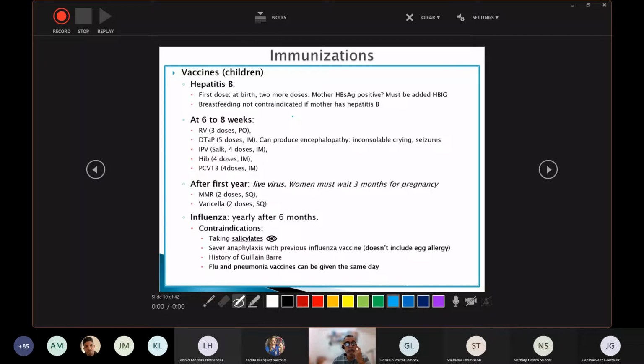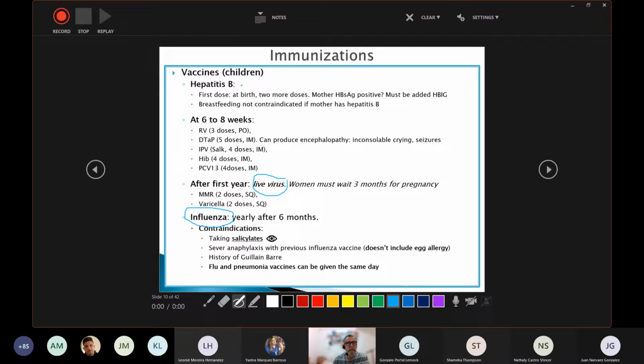Regarding vaccination, the most common questions are related to the live virus vaccines and the influenza vaccine. Those are the high topics. The first vaccine our children receive is hepatitis B. It is given intramuscular, in the vastus lateralis, has 3 doses in total, and is given before leaving the hospital.